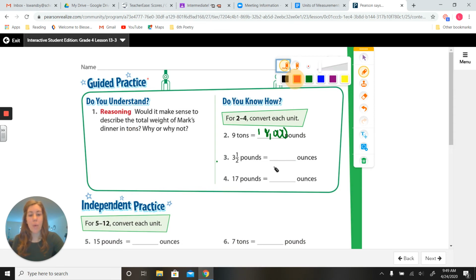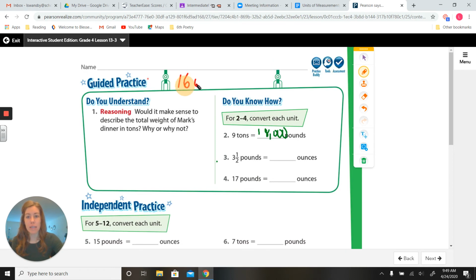All right, what about 3.5 pounds equal how many ounces? 16 ounces, let's make a little note. 16 ounces equals 1 pound. So I want 3.5 pounds.